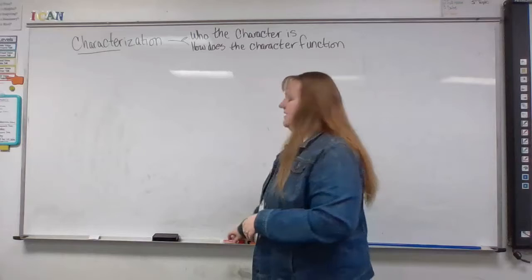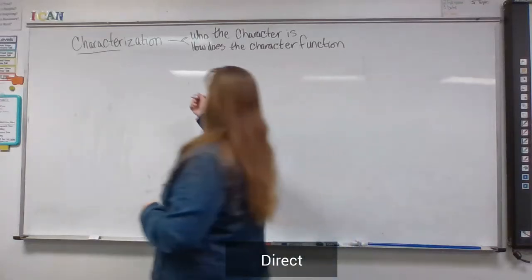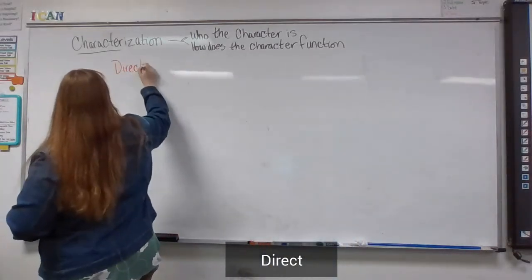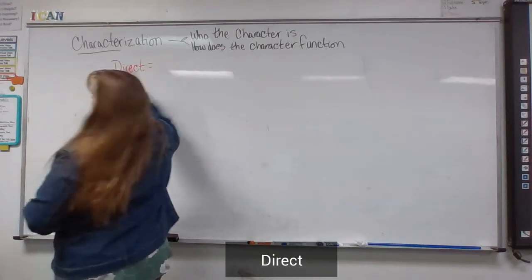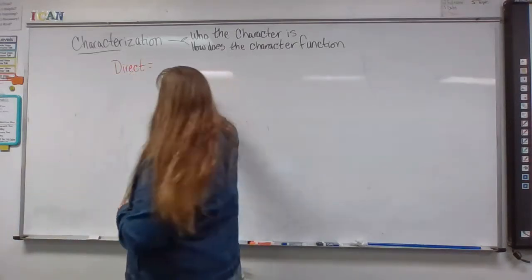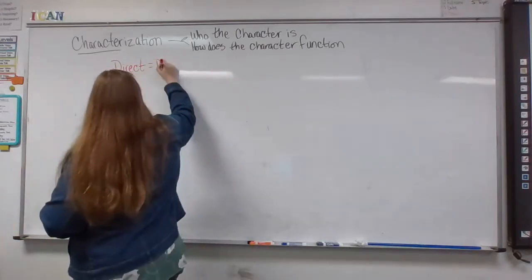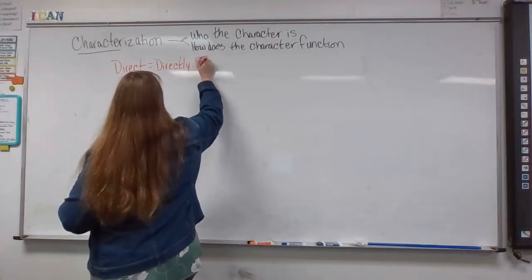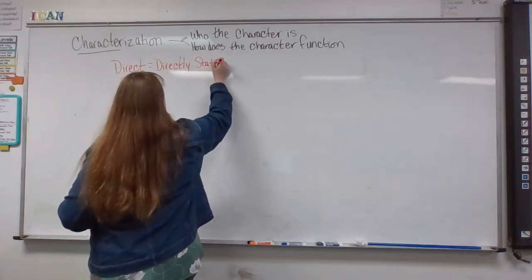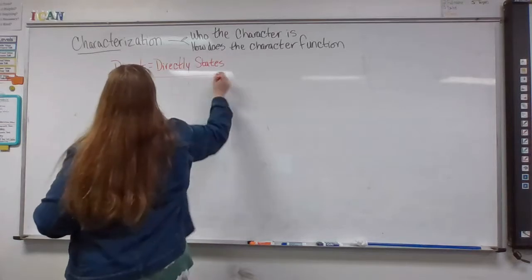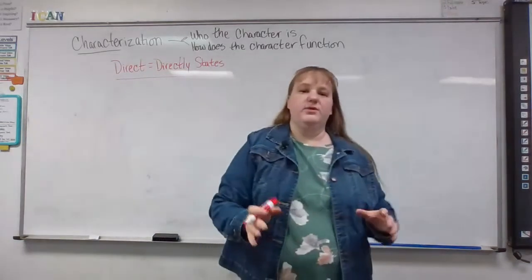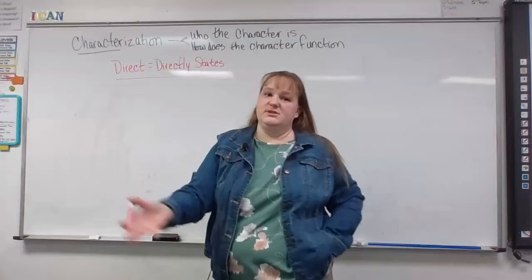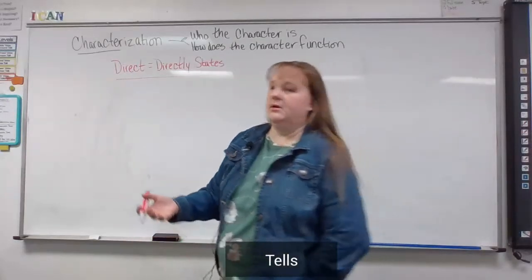The first way is called direct characterization. This is when the author directly states something about the character. Okay? So how do I know that I'm dealing with direct characterization? Well, they just outright tell me about the character.